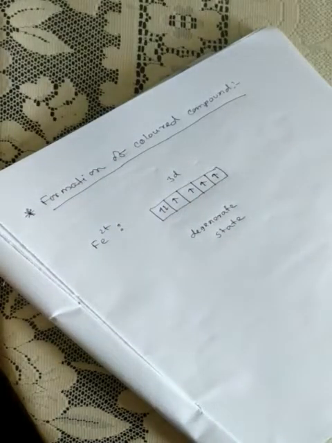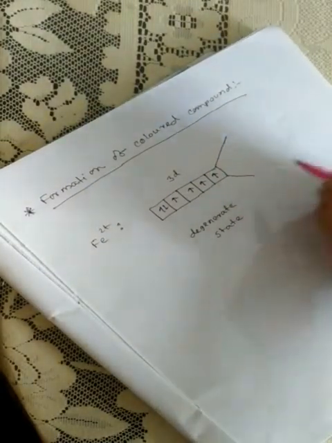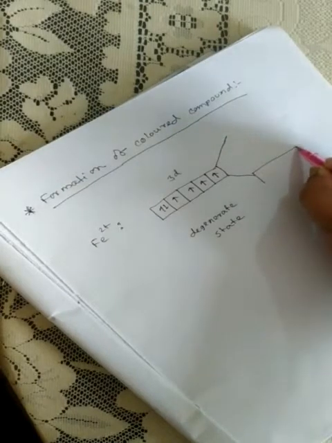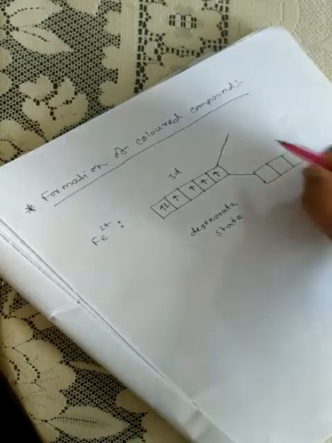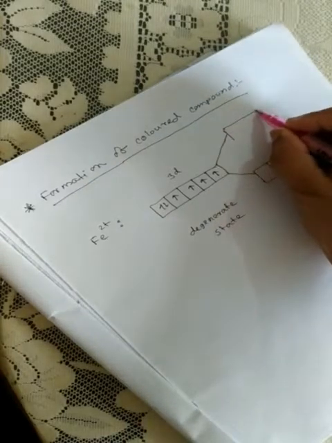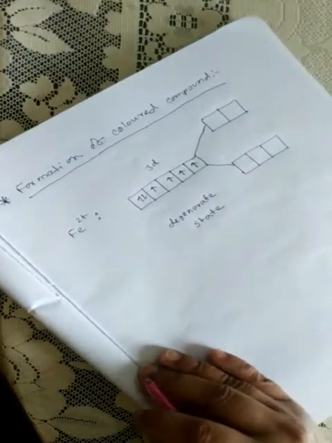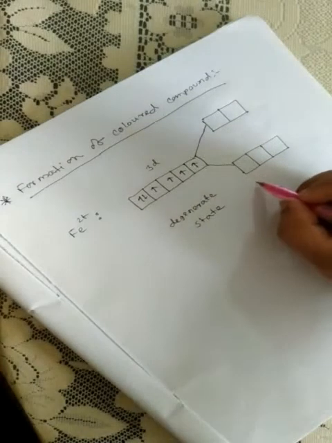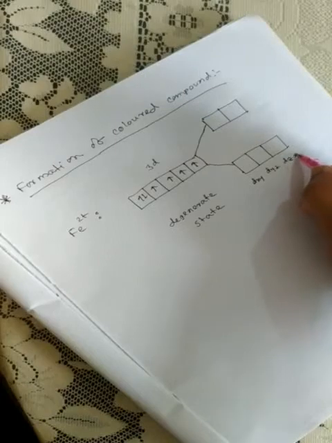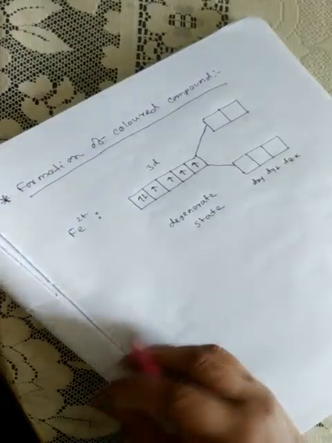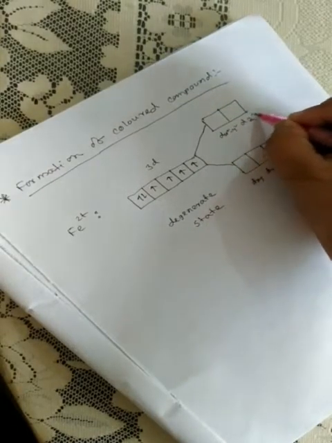The d orbitals split like that. That means dxy, dyz and dzx, these three orbitals, and dx square minus y square and dz square.